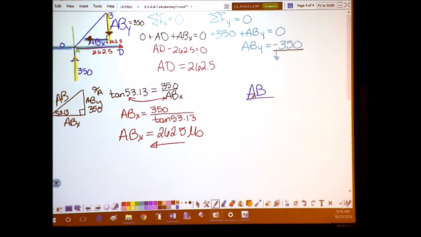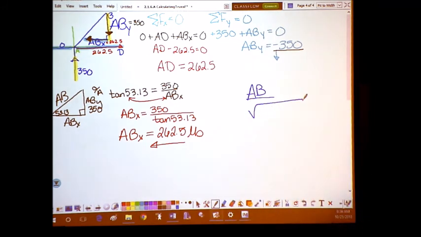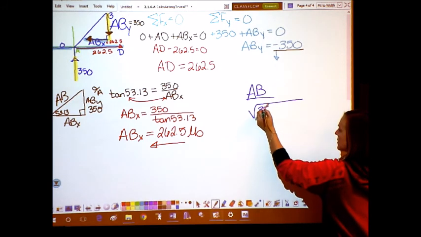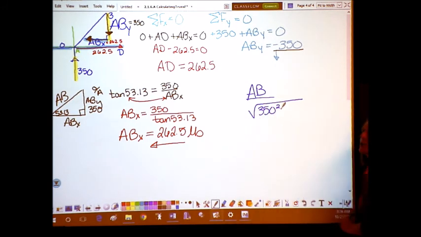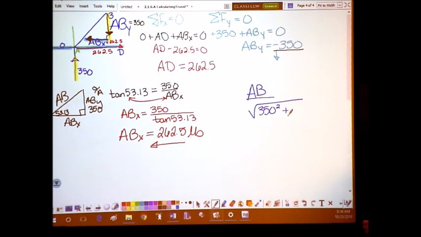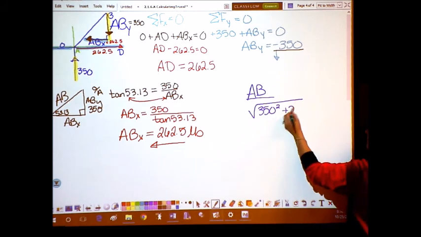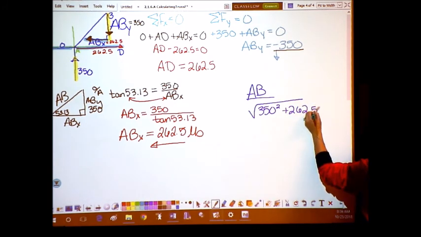I hope you agree it's just a right triangle. So all I need to do is 350 squared, because I'm doing a squared plus b squared equals c squared. And what was the other part of the right triangle? 350 is this up and down leg. What's this leg? 262.5, squared.